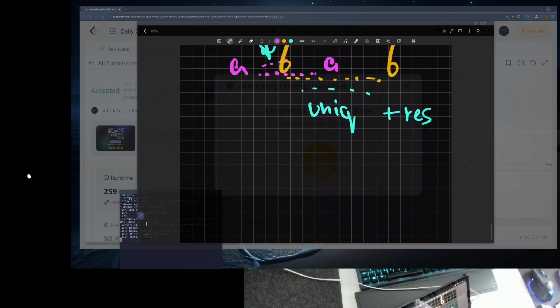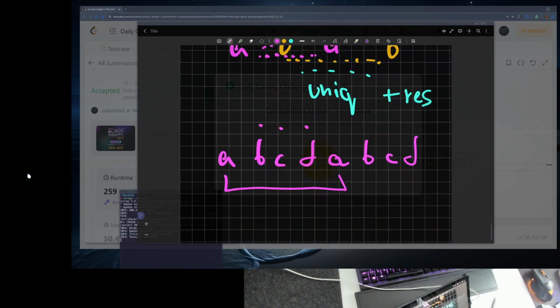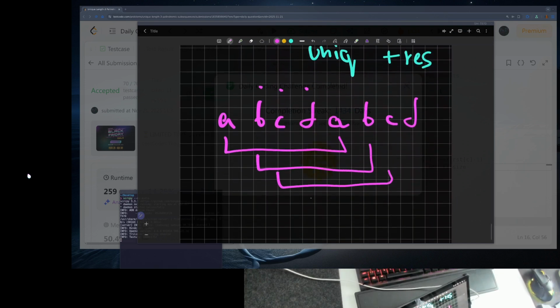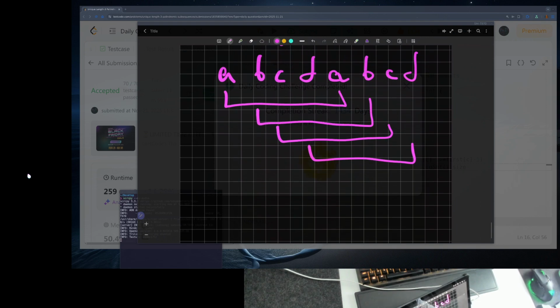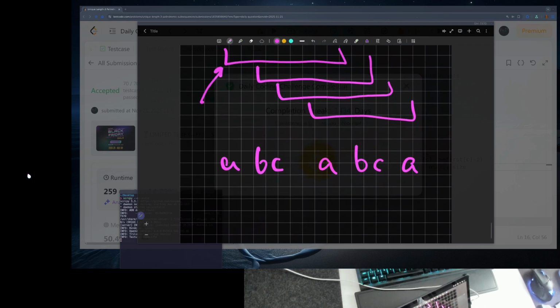So we can possibly have this like A, B, C, D, A, B, C, D. And that means this is 3 palindromes, because we have 3 characters between all the A's. This also like this, and so on. What if we have more than 2 same letters, like this: A, A, A, and this will be, for example, B, C, B, C. So what does that mean?